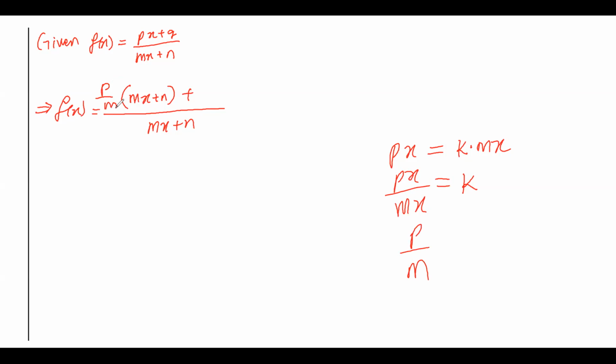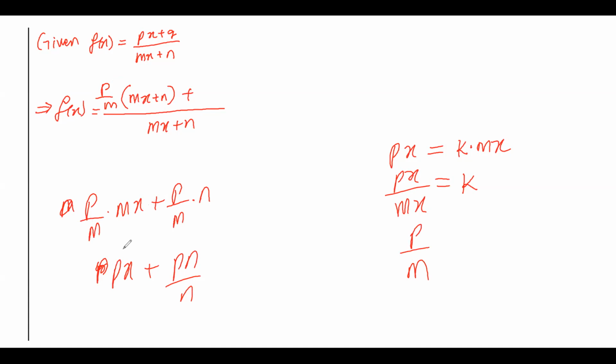When I multiply that bracket, I get p over m times mx, then p over m times n. That's px plus pn over m. So px is exactly the way we want it.